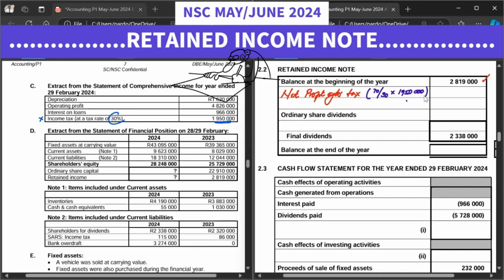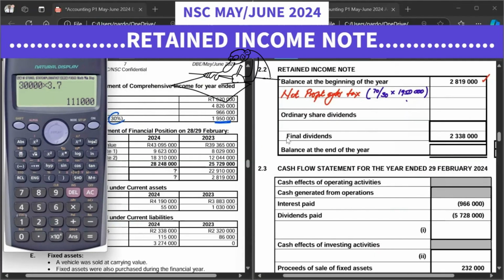Let's bring our calculator and see how that is going to come. On our calculator, we want 70, and what we have is 30, and then we multiply that by 1,950,000. And then we end up with 4,550,000. So here my net profit after tax becomes 4,550,000.